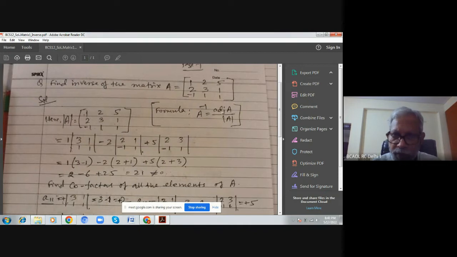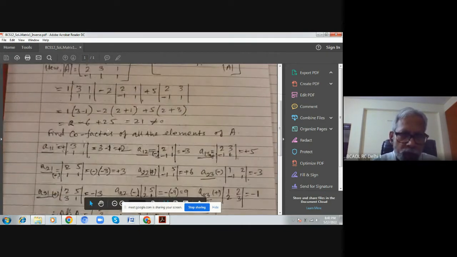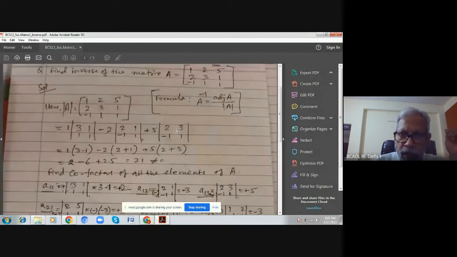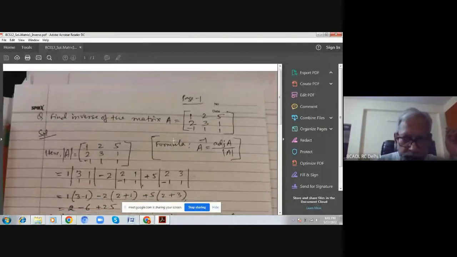Now we have to derive the adjoint A. So for that cofactor is required for all the elements. You see there are total 9 elements: 1, 2, 5, 2, 3, 1, and minus 1, 1. So you have to derive all the cofactors. There will be 9 cofactors.